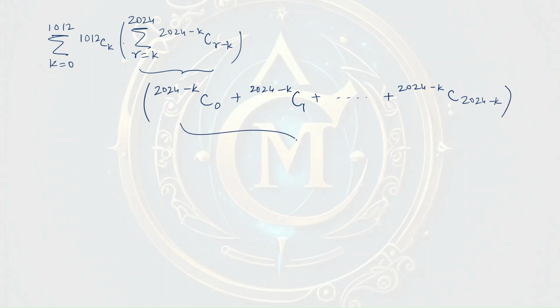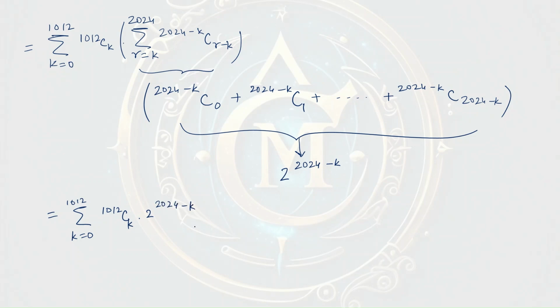So this series simply becomes 2 to the power 2024 minus k. So this whole series becomes summation k equal to 0 to 1012, then 1012 Ck times 2 to the power 2024 minus k.